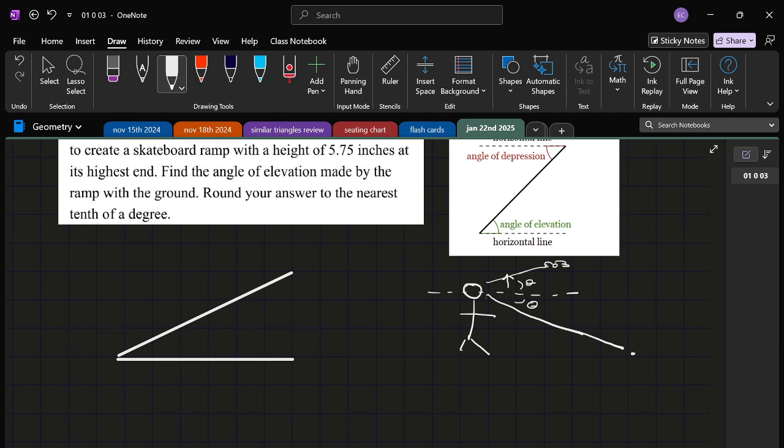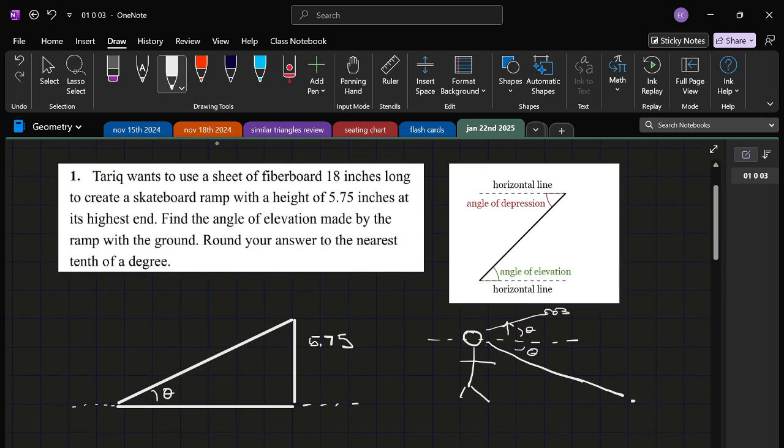It's saying angle of elevation from ramp to ground, so this is our horizontal line, and elevation is going to be right here. The ramp has a height of 5.75 inches at its highest end, so this is 5.75. The sheet of fiberboard is 18 inches long, so this is 18.